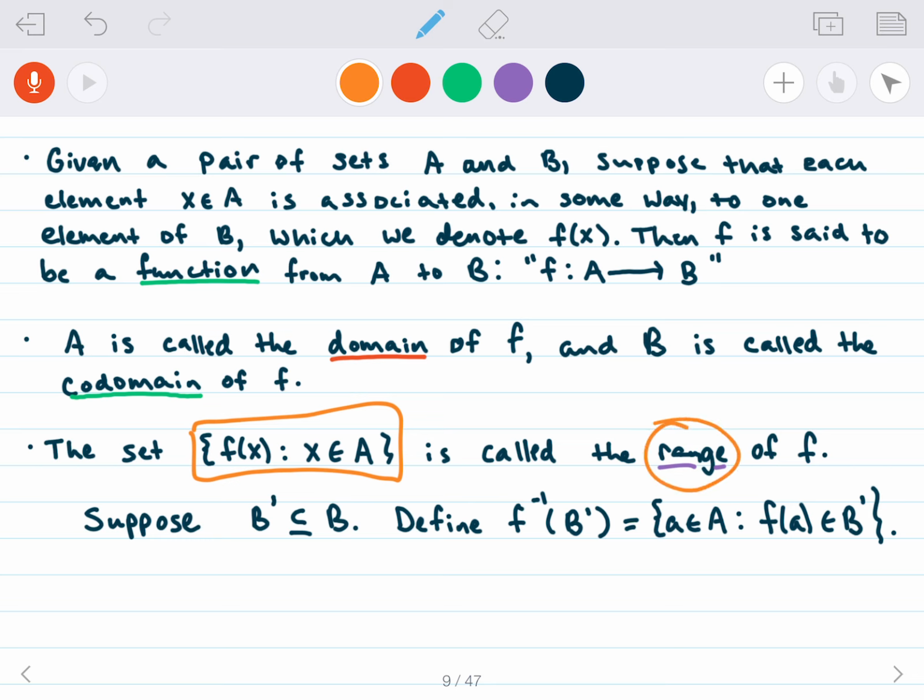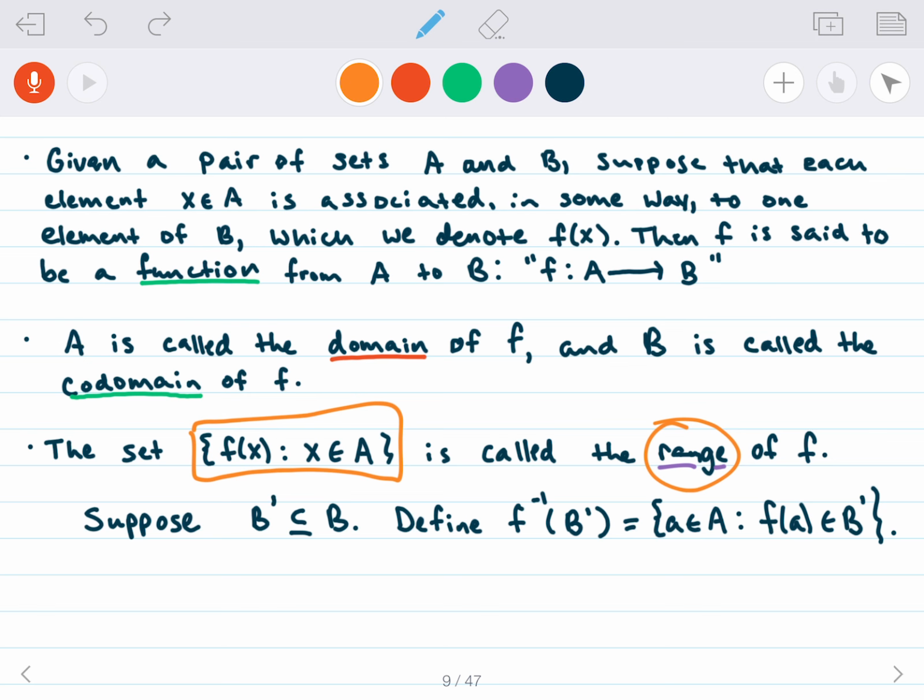Any possible output values you can get from applying this function to A is the range. Okay. So suppose B prime is contained in B. We define the inverse image as the set of a in A such that f of a is in B prime.